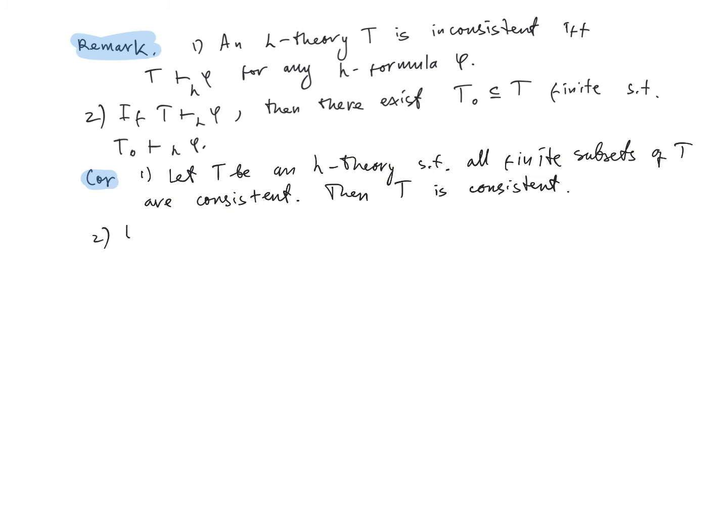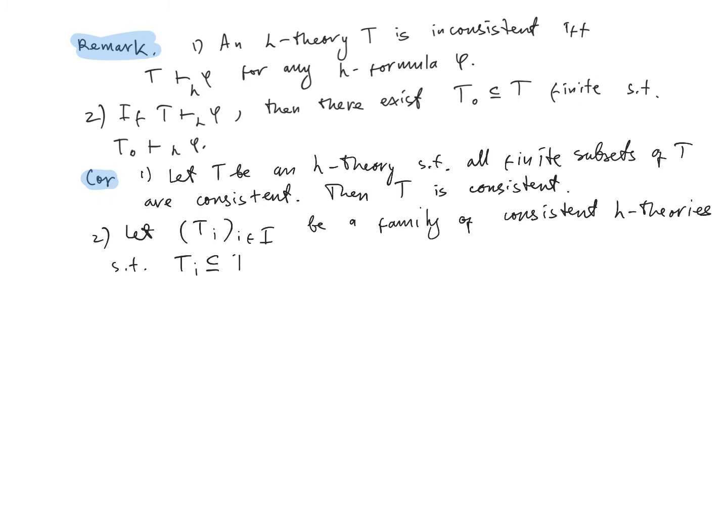And second, assume that Ti, with the index i ranging over some set I, is a family of consistent L theories, and such that we also have Ti is a subset of Tj, or Tj is a subset of Ti for any pair of indices i, j in the index set capital I. Sometimes this property is called a nested family.